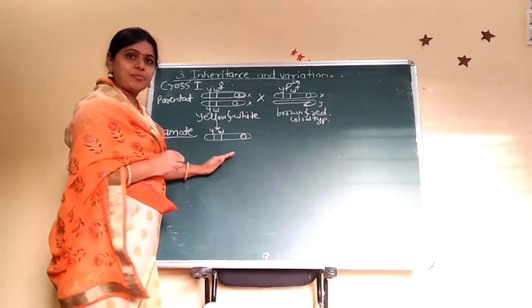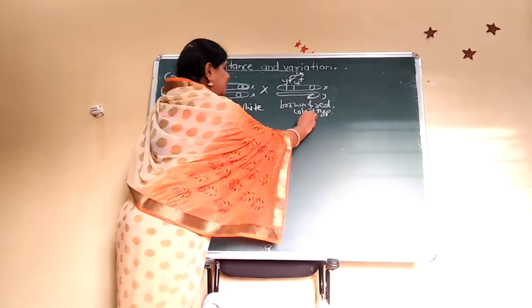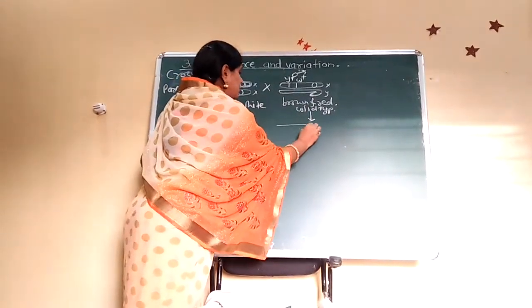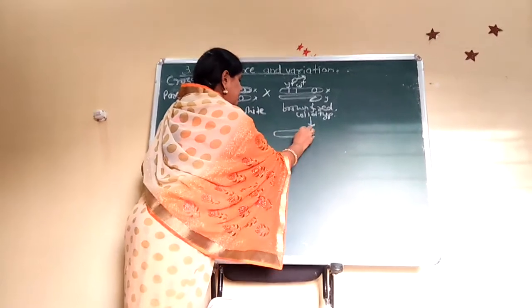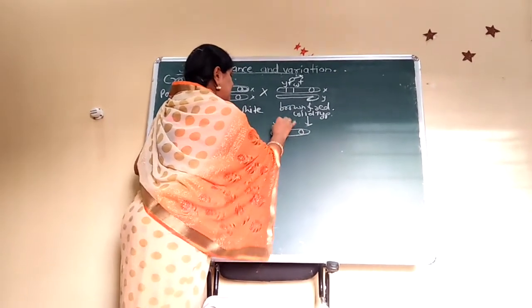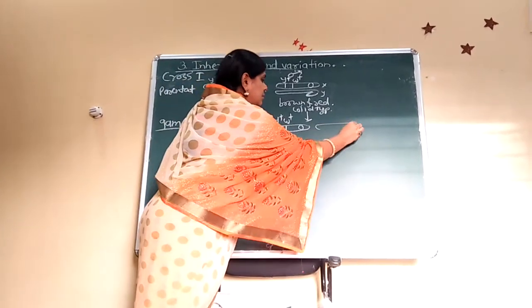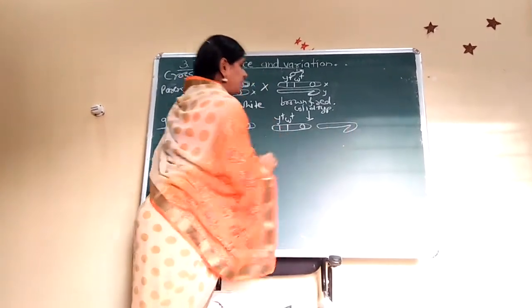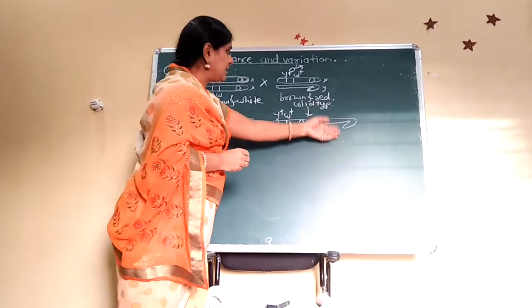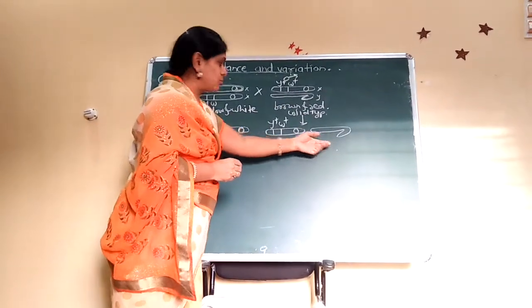This is the same type of gamete, but the male produces two types of gametes: one with y plus and w plus, and another with the Y chromosome.